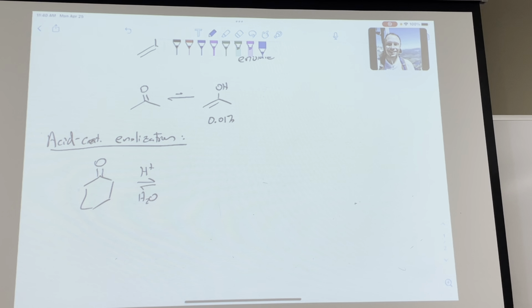If you add acid to a carbonyl compound, what's going to happen is the carbonyl goes out and protonates. And at this stage, what's going to happen is the water is going to grab the alpha proton. That does two things. It's going to generate the enol, and it also regenerates the acid catalyst.